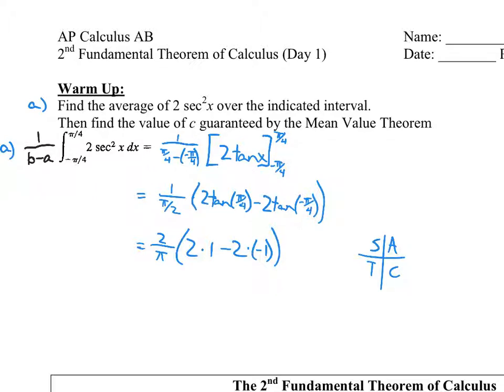This is a way of remembering which trig functions are positive in the different quadrants. In the first quadrant, all of the trig functions are positive. If you have a second quadrant angle, only the sine and cosecant, because it's a reciprocal, are positive.